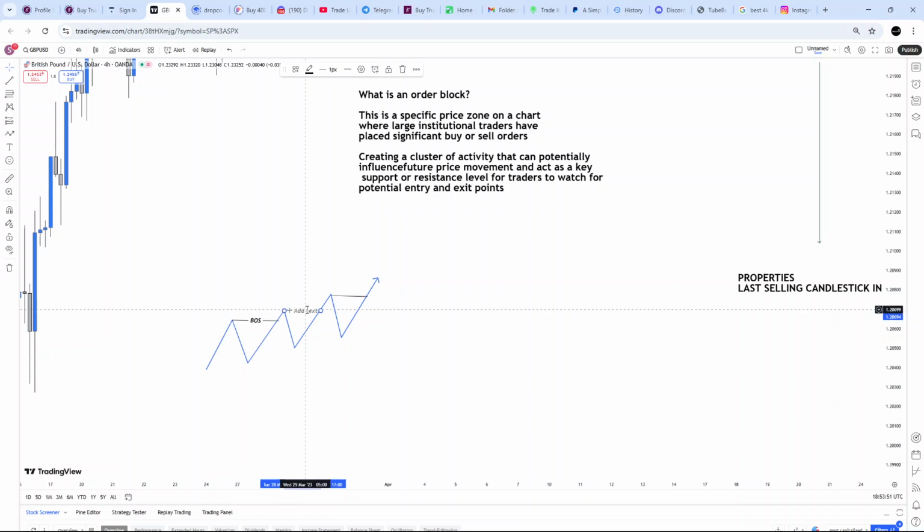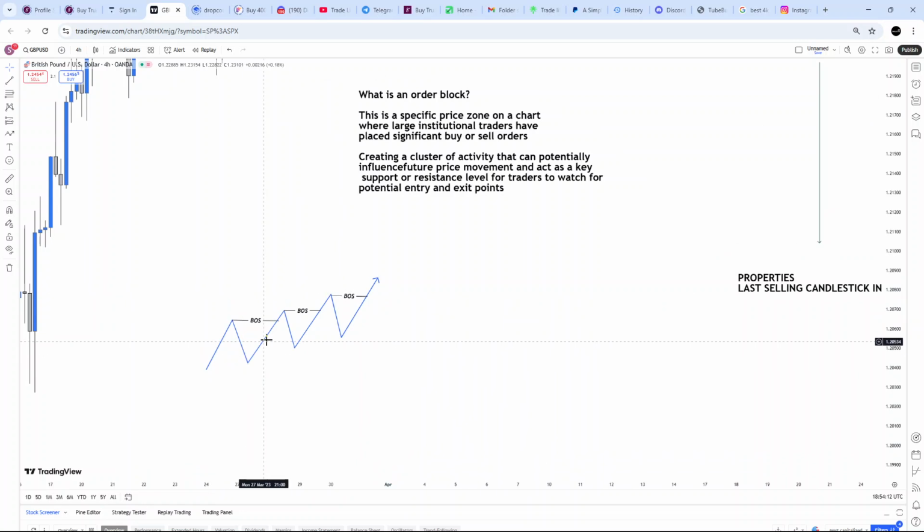This is a BOS, and another BOS. The zones where the market retests, where there is a fight between the sellers and the buyers, are called order blocks.